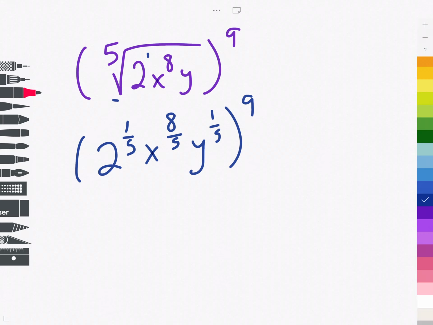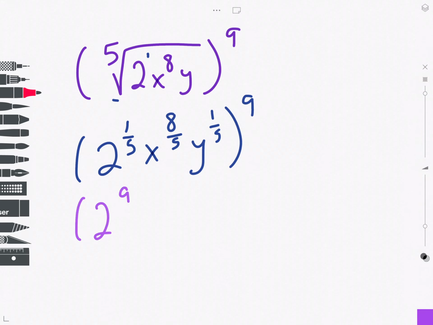Then I can bring that 9 in and go 2 to the 9/5, x to the 72/5, y to the 9/5. And then start simplifying those.